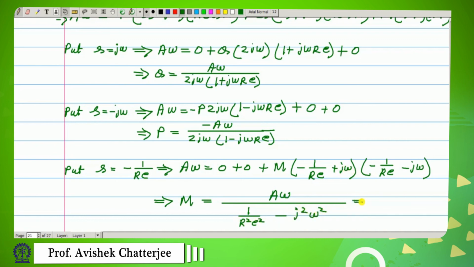So that is same as A omega divided by, j square is minus 1, so we will have (1 plus omega square R square C square) divided by R square C square. So we have got the values of m, p, q.